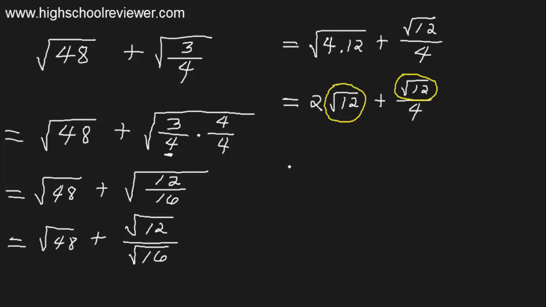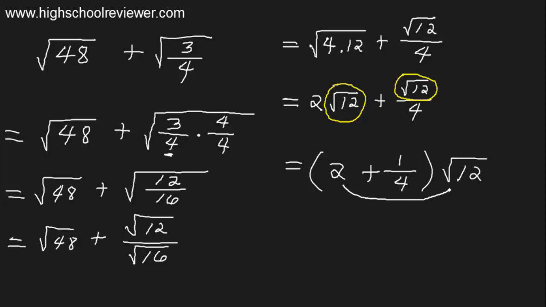So factoring, we will have square root of 12 on the outside. So what will be left here will only be 2 plus what will be left here will be 1/4. So to check, we have 2 times square root of 12, that will be 2 square root of 12, and 1/4 times square root of 12, that will be square root of 12 all over 4.